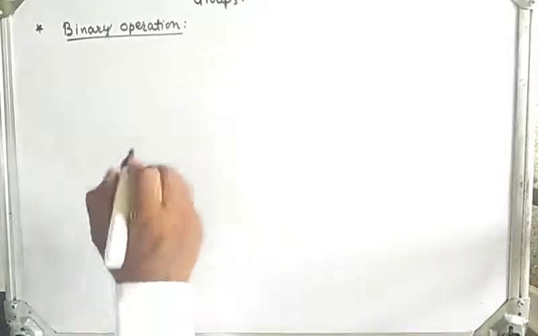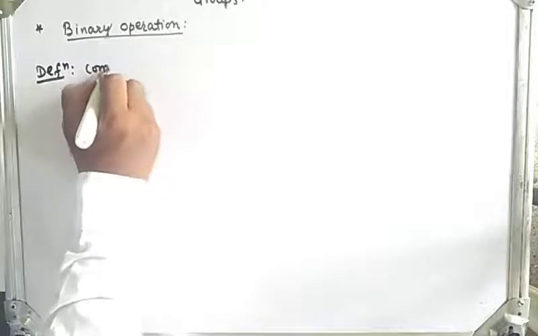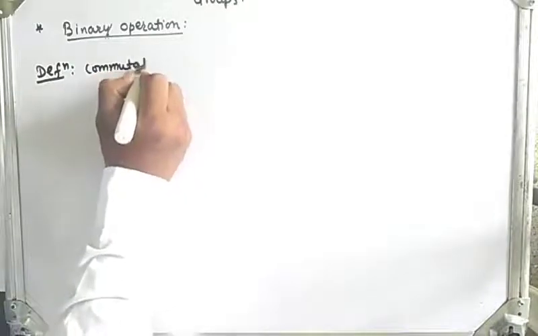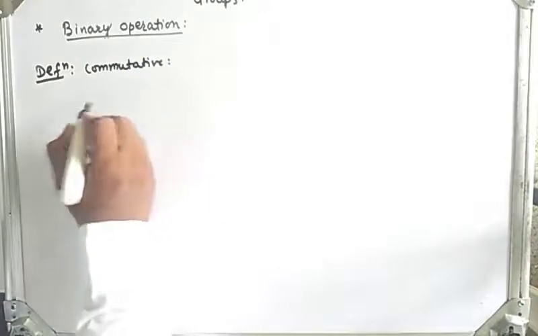Now we move towards the next property, commutative. So the next definition is commutative. Let's see the definition.